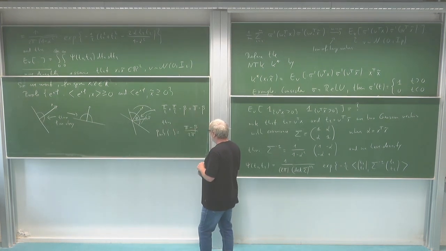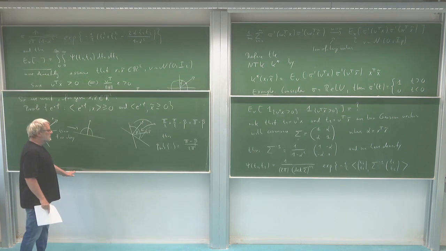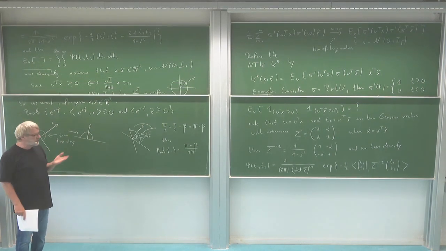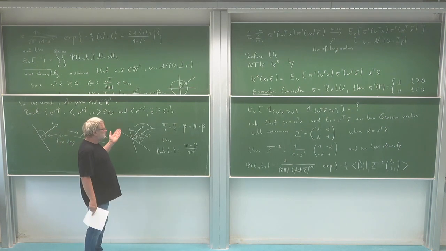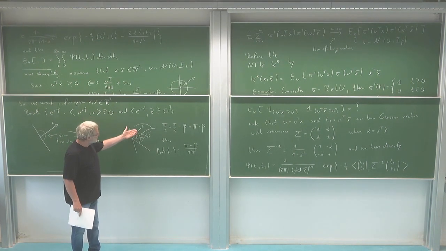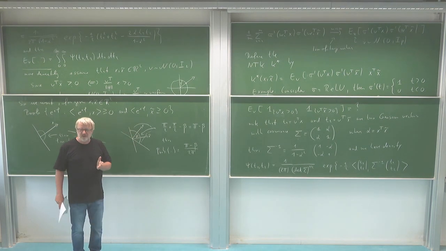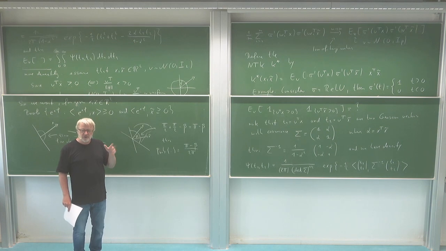Now I should express beta in terms of x and x twiddle. Beta is connected with x and x twiddle, because the inner product between x and x twiddle is the length of x times the length of x twiddle, which is 1, times the cosine of the angle in between.